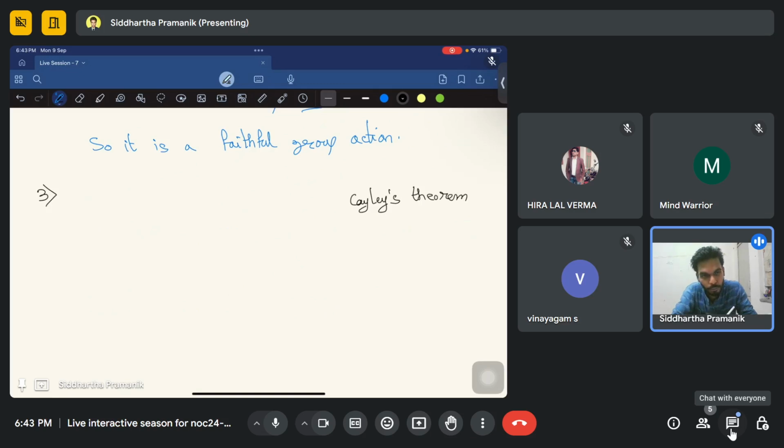Also the proof of Cayley's theorem. Now I will do one more general thing, from which Cayley's theorem will follow. This is known as the permutation representation of a group action.